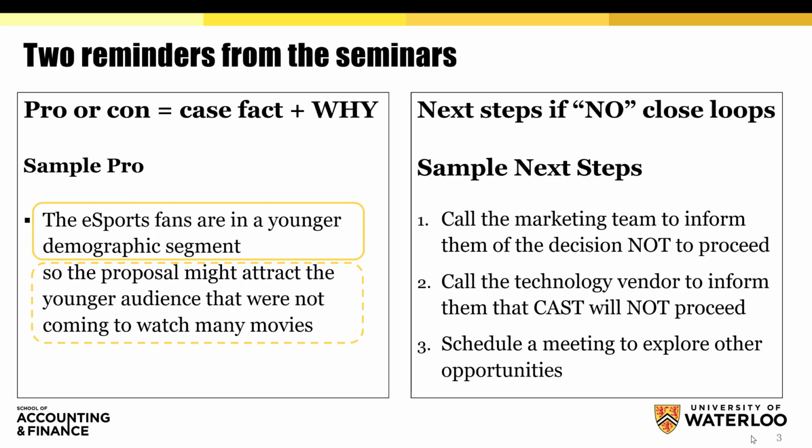So call the marketing team who's done all this work. Let them know you're not going to proceed. Call the technology vendor and let them know that you're not going to proceed. And it's not because you don't like their technology, it's not a good business opportunity. The final one is to schedule a meeting to explore other opportunities.